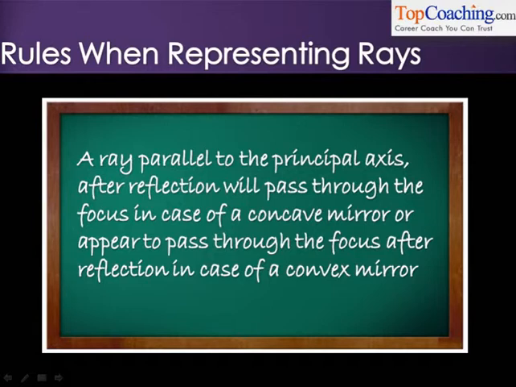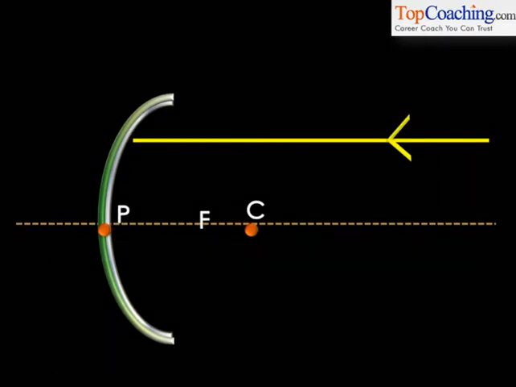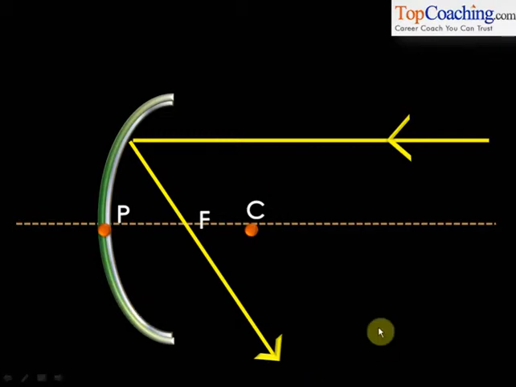Now we have already learnt about this, isn't it? We have already learnt that whenever rays parallel to the principal axis strike a concave mirror, they get reflected in such a way that they pass through the focus of the mirror. In fact, this was the definition of the focus, isn't it? The point through which reflected rays pass, if the incident rays are parallel to the principal axis. So this is the rule that we have already studied.